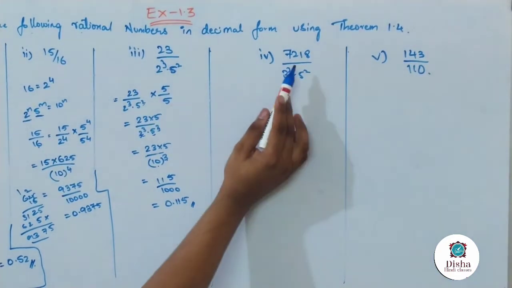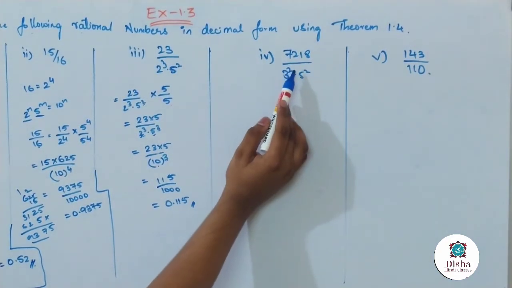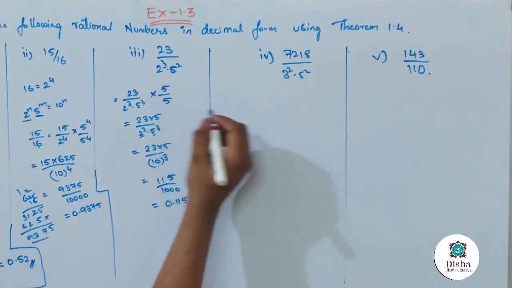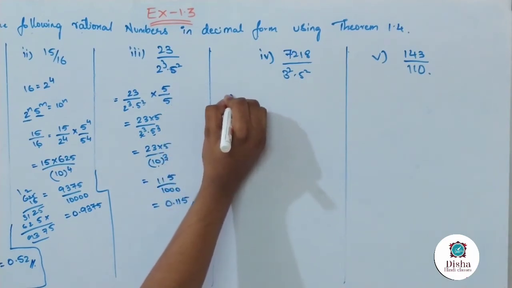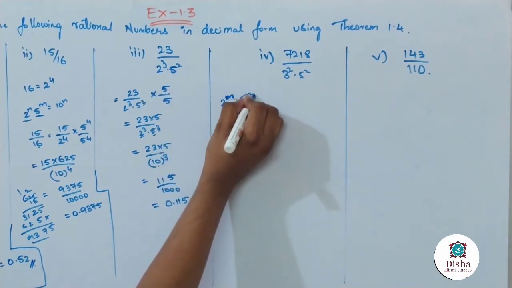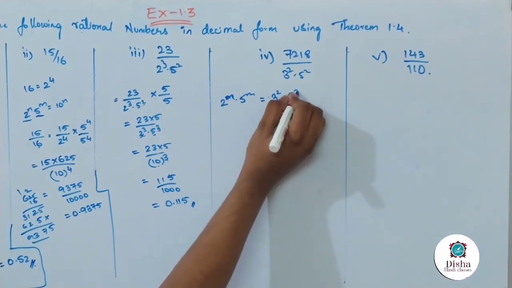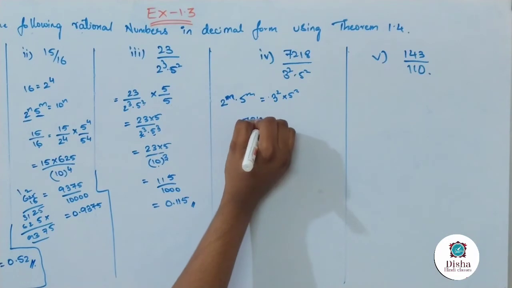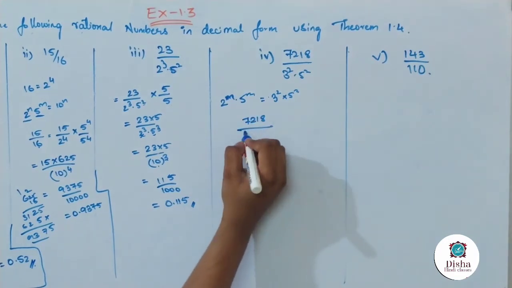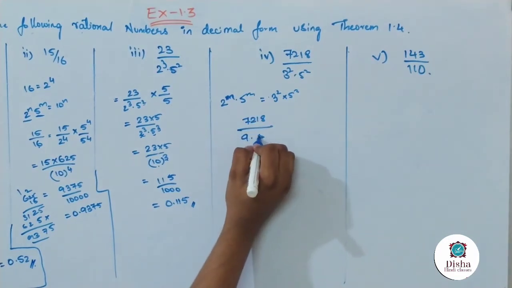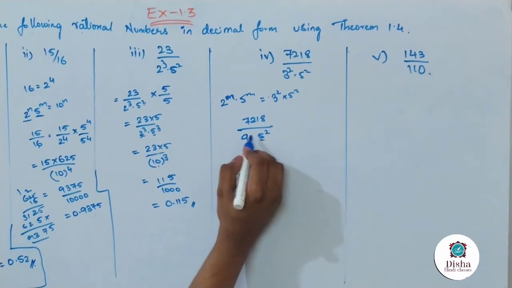So now we have 7218 divided by 3 square into 5 square. So what we want? 2 power n into 5 power m. But what we have? 3 square into 5 square. So what we do? 7218 we divide by 9 into 5 square. We keep 5 square as it is and we divide this 7218 by 9.